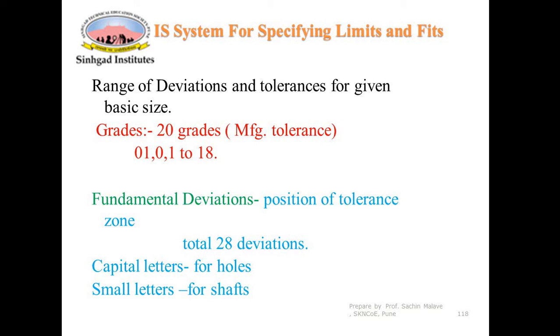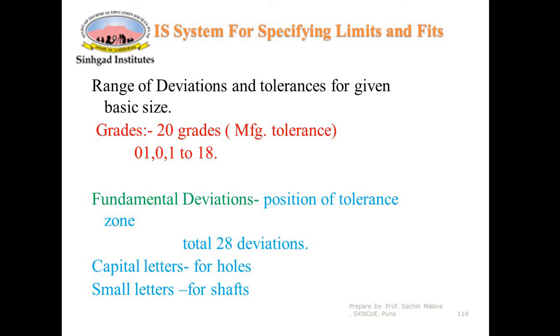These grades decide the amount of tolerance for a particular part, and the fundamental deviation decides the position of this tolerance. So the grades decide the magnitude of the tolerance zone, and fundamental deviations decide the position of the tolerance zone.